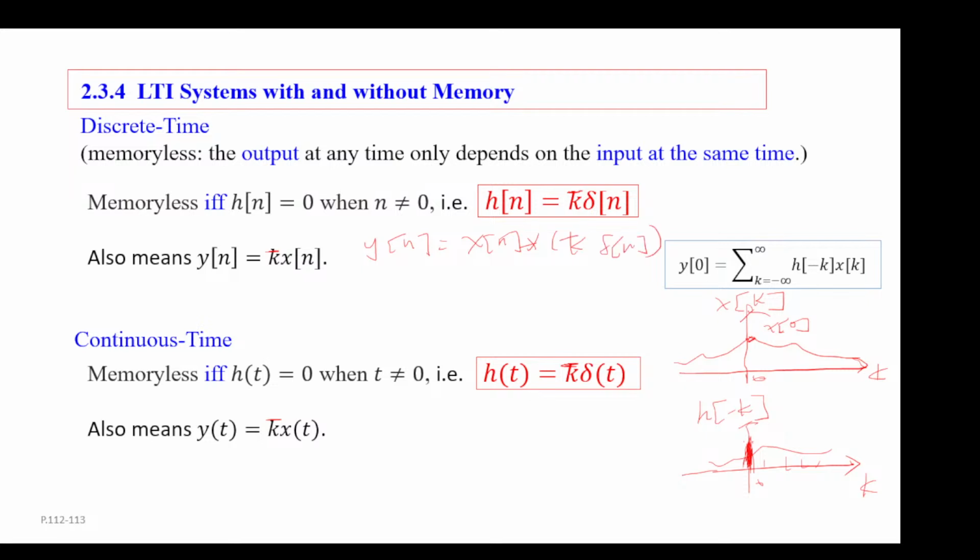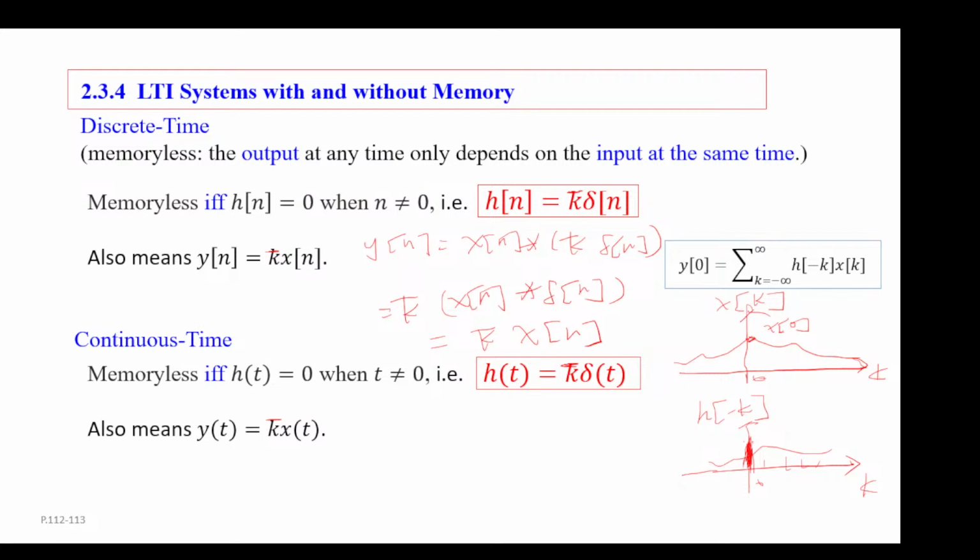First we use linearity, so the scalar comes out: k bar times x of n convolved with delta of n. We'll see this a lot: convolution with delta of n is basically the identity. It gives back just x of n, so k bar x of n.